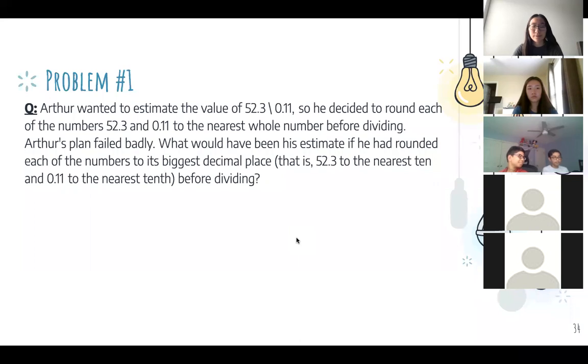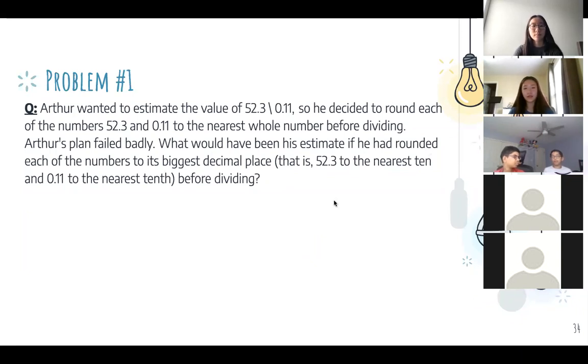Okay, so we're going to do some practice problems. And here's the first one. Arthur wanted to estimate the value of 52.3 divided by 0.11.